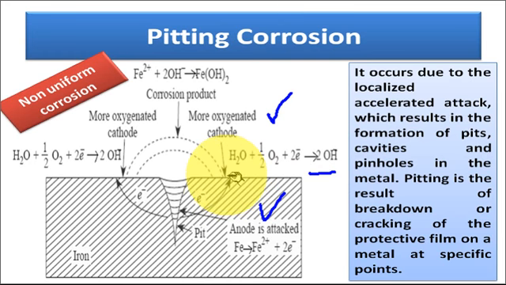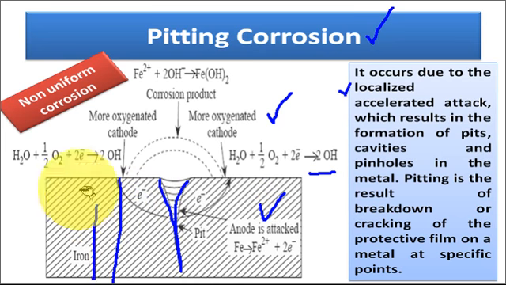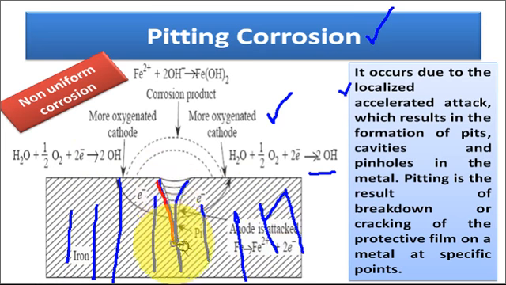But what is the difference between these two? The difference is this type of corrosion results in the formation of pits and cavities in the metal surface, and this is the localized attack. That means in differential aeration corrosion, corrosion of the whole metal takes place at generally some points, while in pitting corrosion, there is only localized attack.